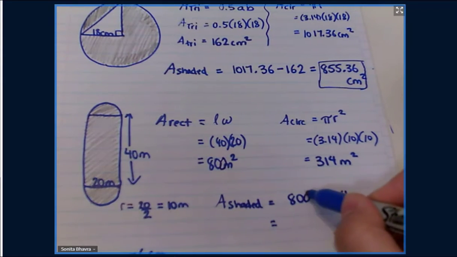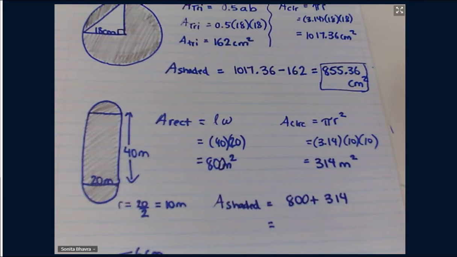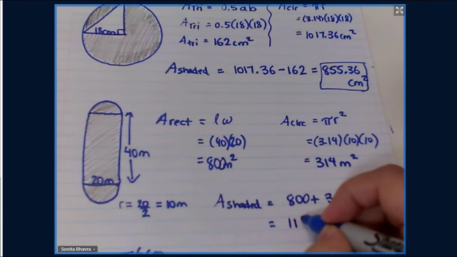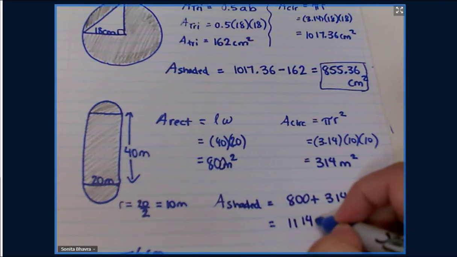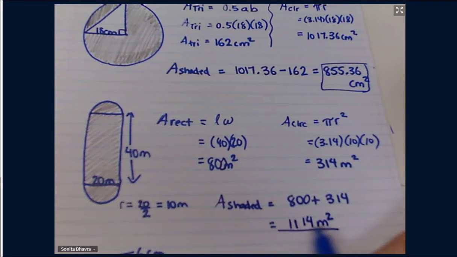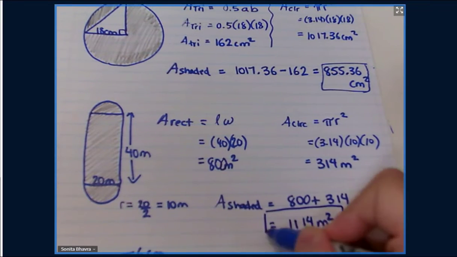So it's 800 plus 314. And so that gives a total of 1,114 meters squared as our final answer. I'll put it in this box.